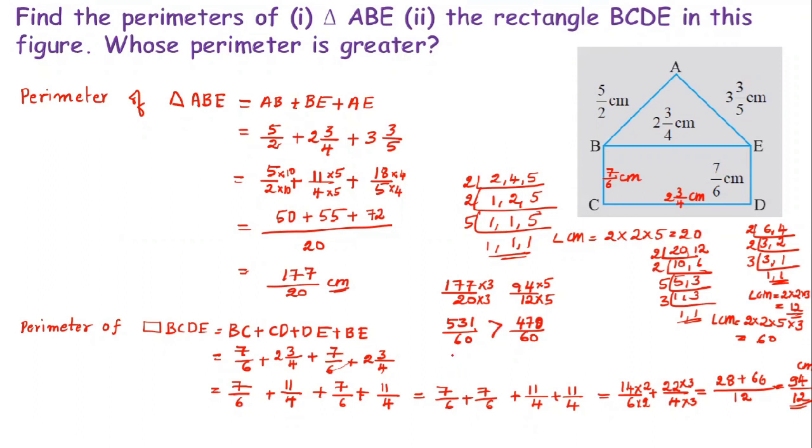So 177 by 20 is greater than 94 by 12. Therefore, the triangle has the greater perimeter.